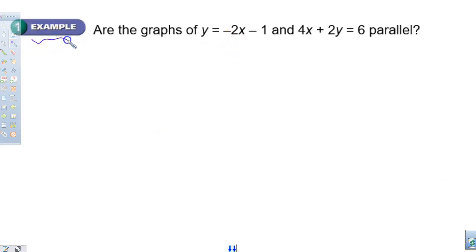So for example 1, our question says, are the graphs of y equals negative 2x minus 1 and 4x plus 2y equals 6 parallel? In order to determine if these graphs are parallel, we are looking for the same slope. So the only thing we care about in this example is what their slopes are.